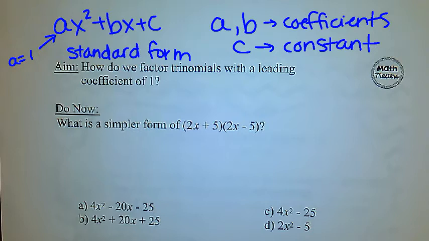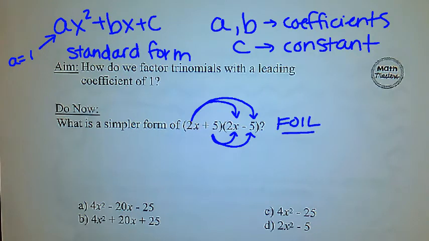Before, remember I told you that this chapter is literally the opposite of what we just got done doing. So this might have been an answer, and this might be a question that we got last chapter. We would use, remember, FOIL or double distribution. The first would be 4x squared. The outer would be 10x.